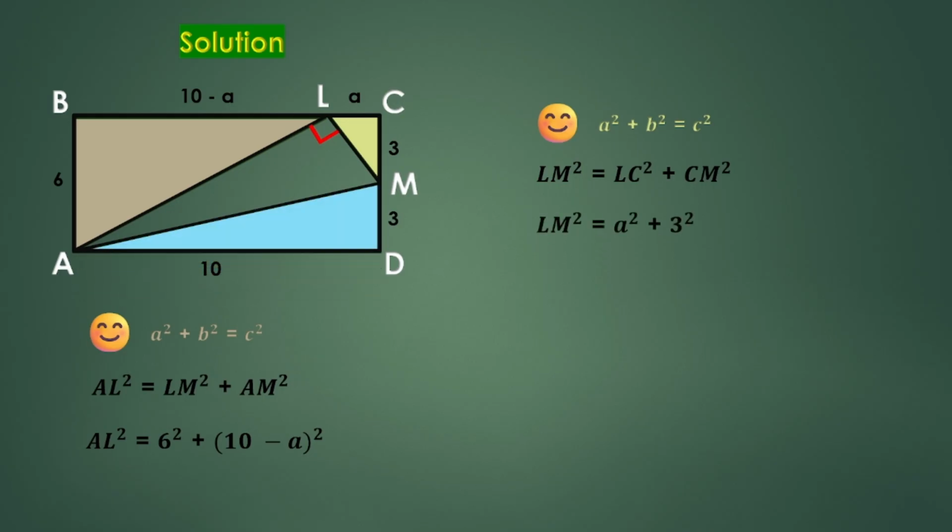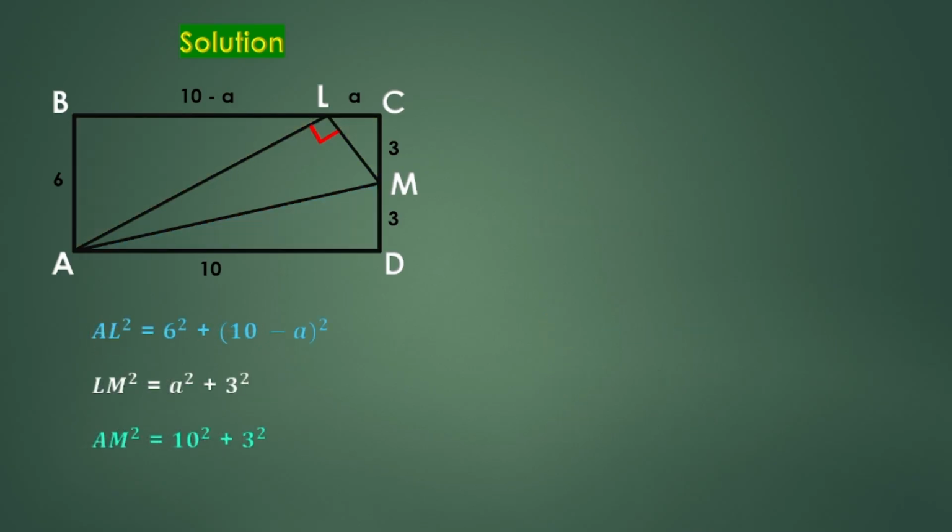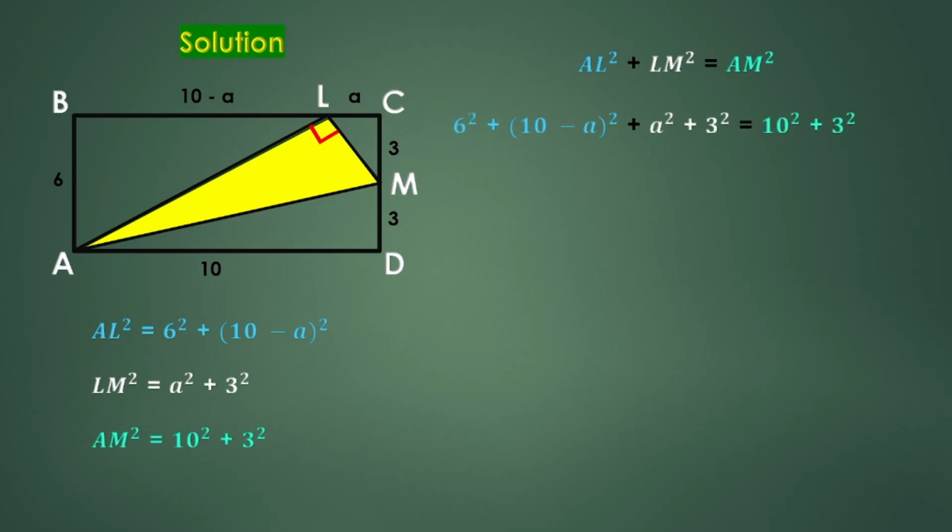Then we take the blue triangle, which I just highlighted, and also express there AM squared through the Pythagorean theorem. So AM squared equals 10 squared plus 3 squared. We take the triangle ALM, and in it we also apply the Pythagorean theorem. And instead of AL squared, I will substitute what we found on the previous slide.